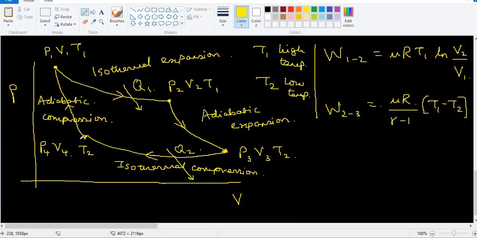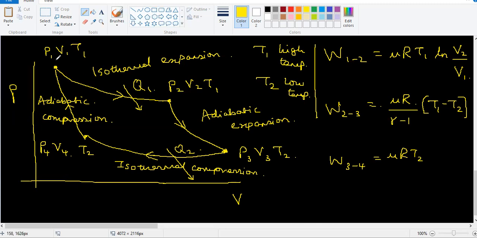Next one is 3 to 4. 3 to 4 is again isothermal compression. Isothermal means I have to use this formula. W 3 to 4 is mu R, and you see here the temperature was T1 on this line. Here this temperature is T2, which means I should write T2 here. And look at this formula, final volume by initial volume.